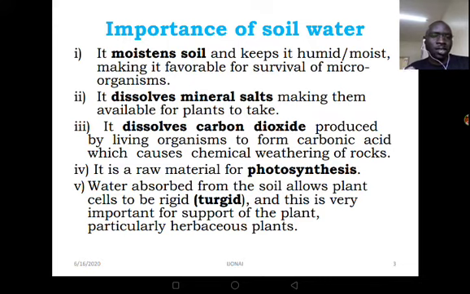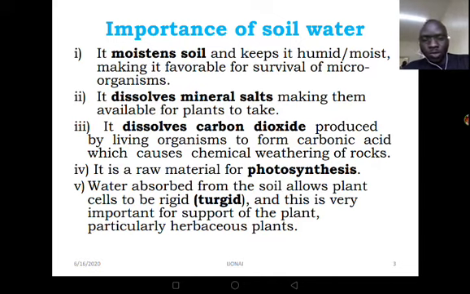So all this carbon dioxide produced by these living organisms is dissolved in the water, and eventually it forms what we call carbonic acid, and this carbonic acid reacts with some rocks, especially the carbonate rocks and other rocks, dissolving them, and hence facilitating the process of chemical weathering. It's also a raw material for photosynthesis, and we are going to look at photosynthesis in much more detail when we come to the topic of nutrition in plants.